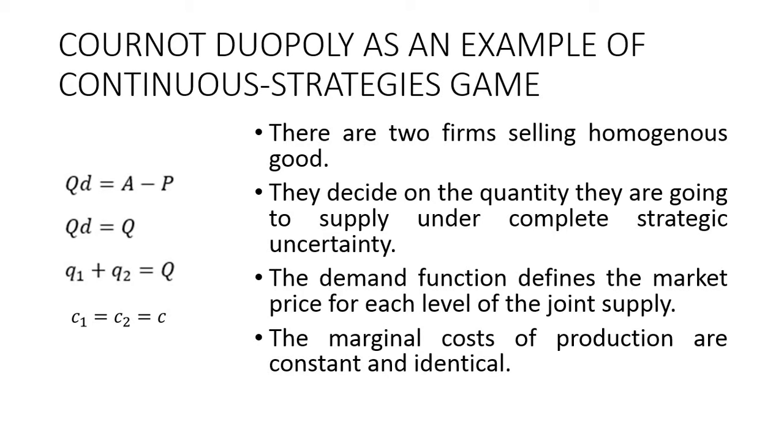And we also assume that marginal costs are constant and identical, just for the sake of simplicity. So C1, the marginal cost for the first firm, is equal to C2, the marginal cost for the second firm, and they are both equal to C. Also it will imply that average total cost is a linear function, but again, it's not crucial here.